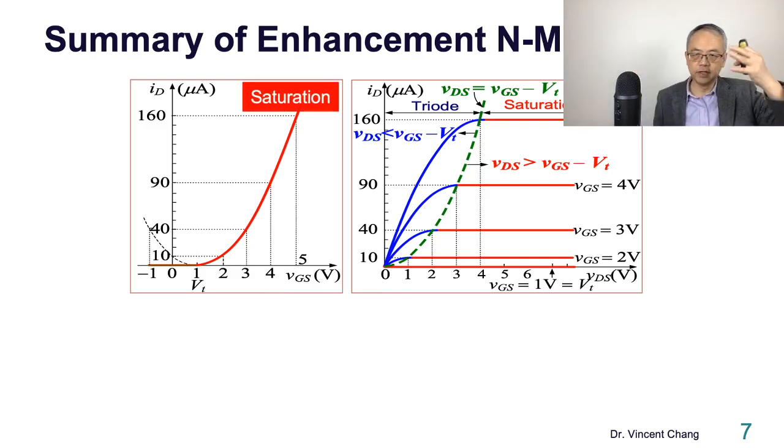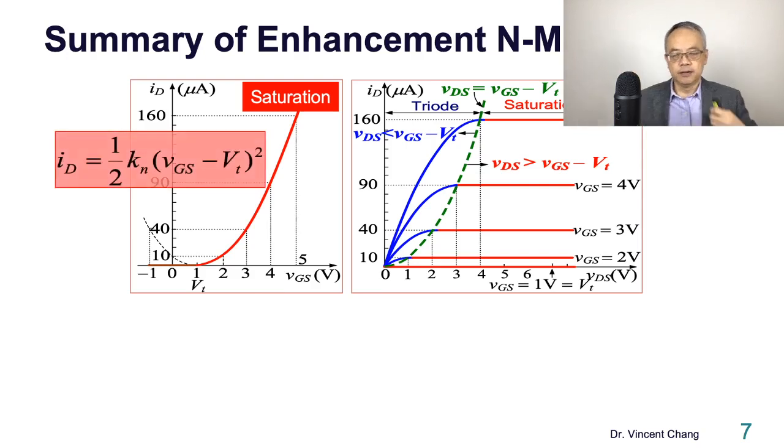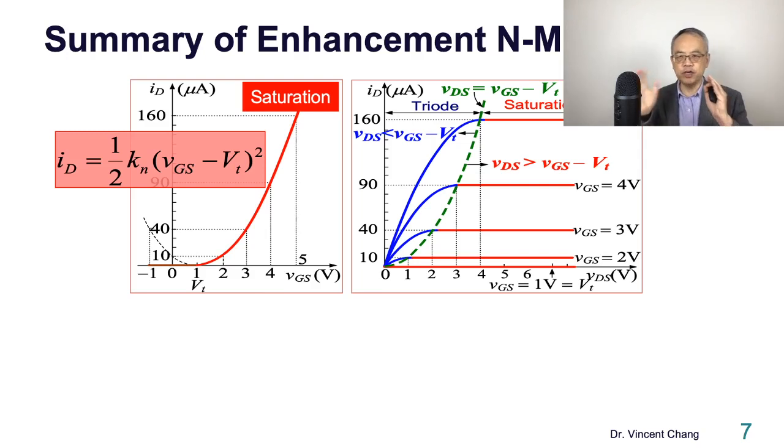It's a red curve. So saturation is a square law, because it's a parabola: ID equals half K, the device transconductance parameter, times the square of VGS minus VT, the overdrive, the amount by which VGS surpasses the threshold voltage.